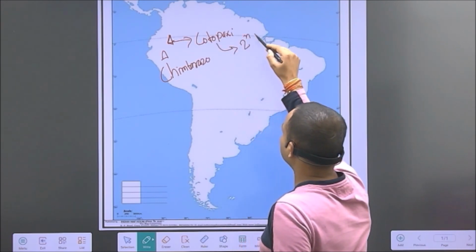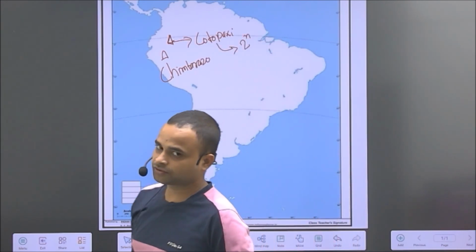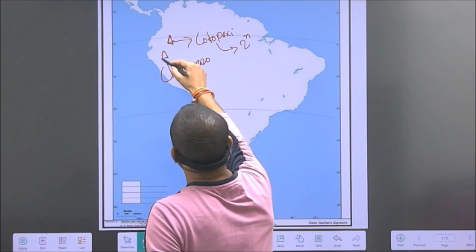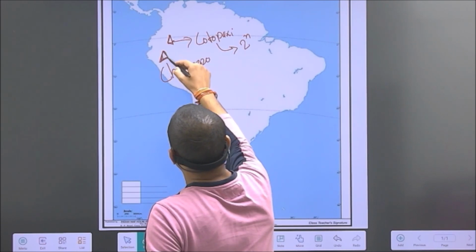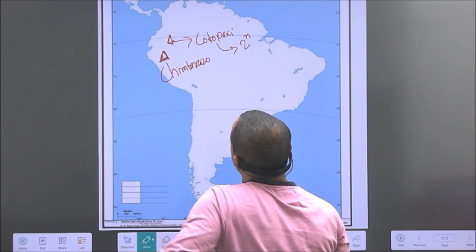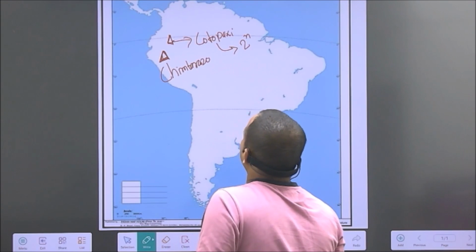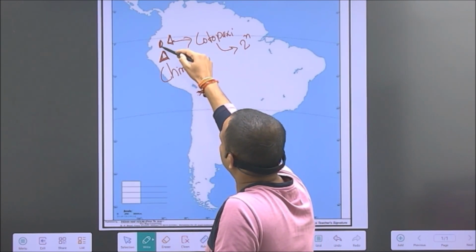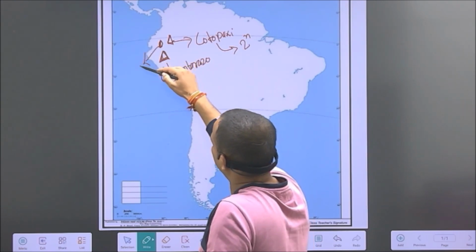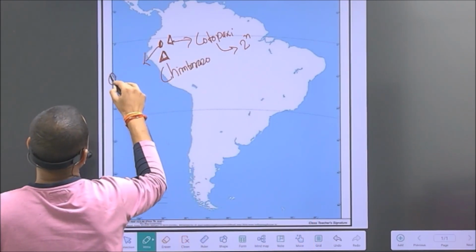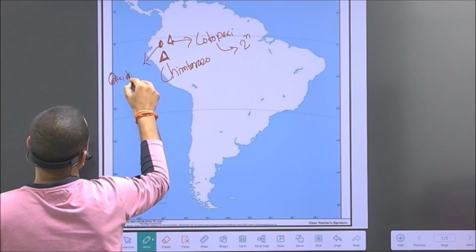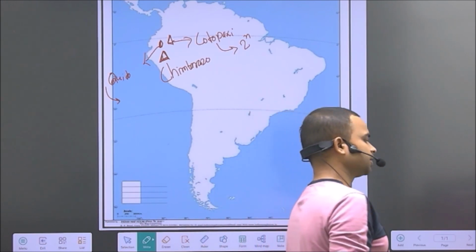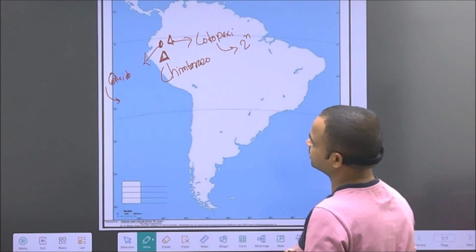Cotopaxi is the second highest active volcanic peak, and Chimborazo is another peak of the Andes mountain. Also you can see here one place, Quito. Quito is the capital of Ecuador, and Quito is the second highest capital of the world.